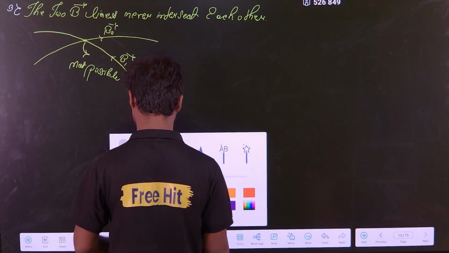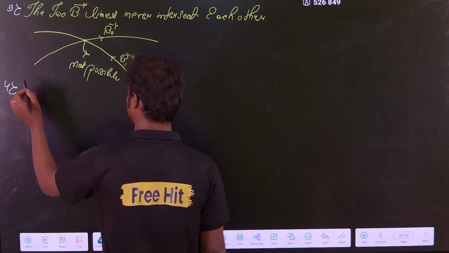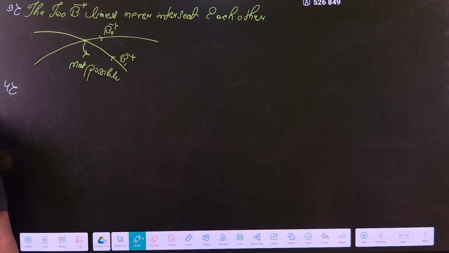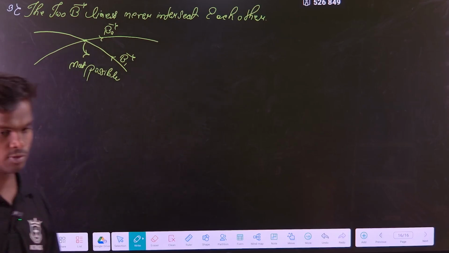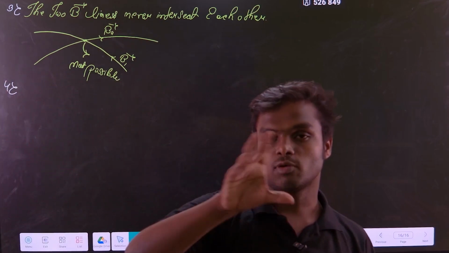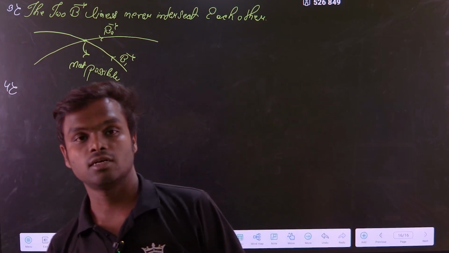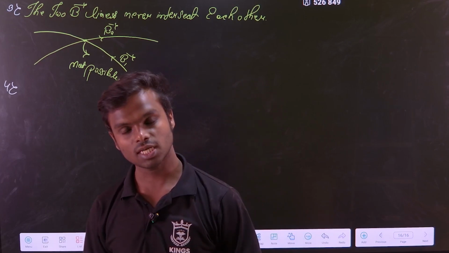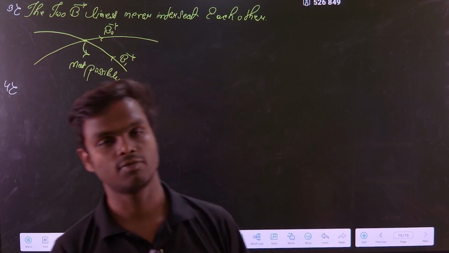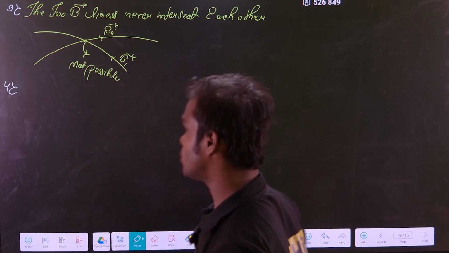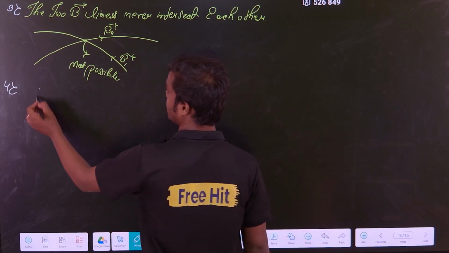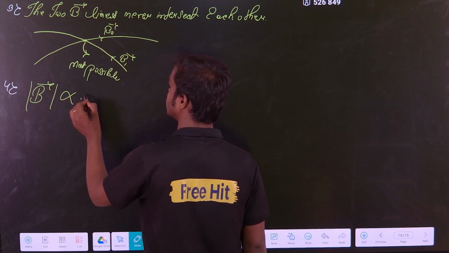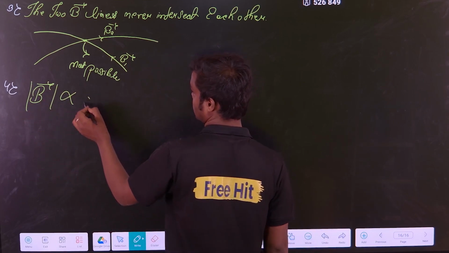What is the next property? I think you haven't revised the properties of electric field lines. We said that the point at which the electric field lines are more dense will have a stronger electric field. Similarly here also, the magnetic field strength is directly proportional to the density of the lines.